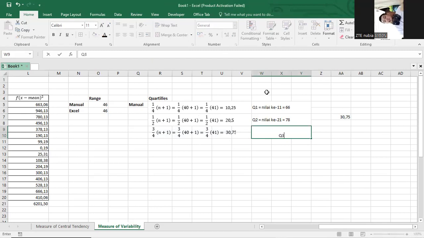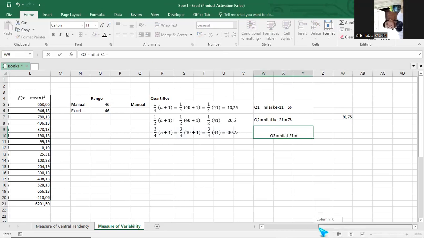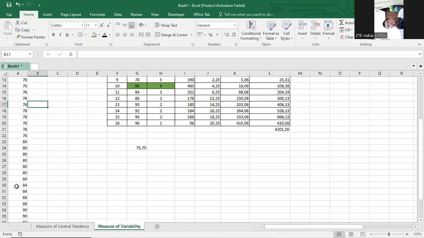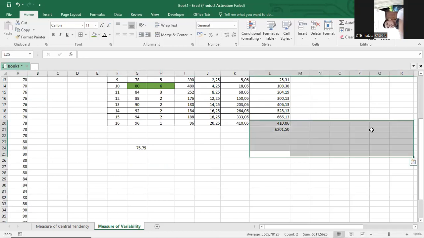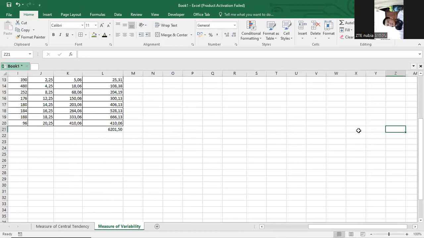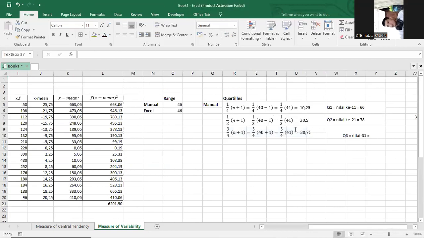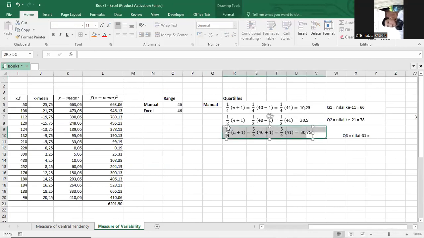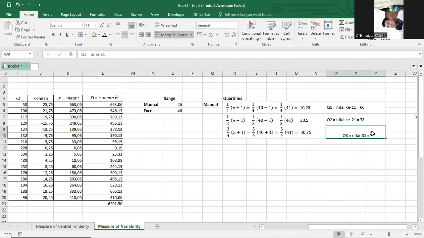Q3 equals the 31st value. Then we look at which number is at the 31st value, which is 84. We type 84. And that's how to find quartile in the manual way, and we move to the Excel way.